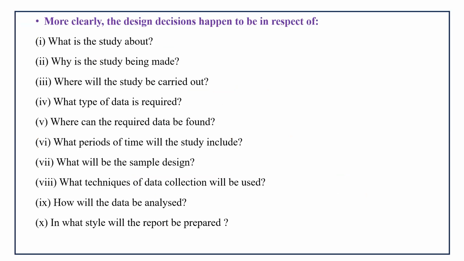Whenever you are going to prepare a research design, these are the questions you should always ask. What is the study about? Suppose you have selected one problem. What are you going to study in this particular problem? For example, I want to work on antibiotic production by a particular bacteria.